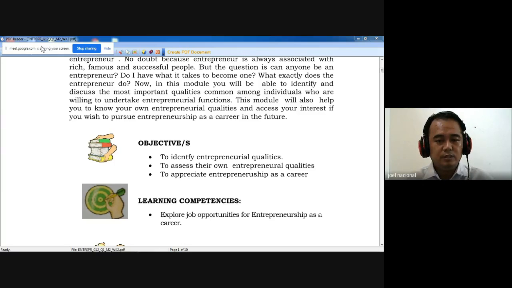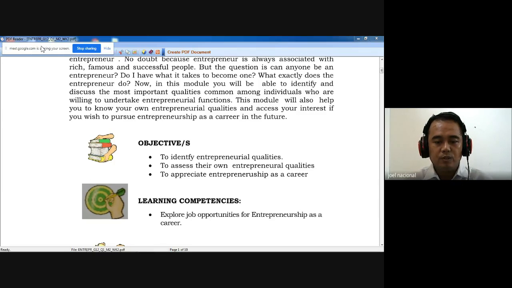Now, in this module, you will be able to identify and discuss the most important qualities common among individuals who are willing to undertake entrepreneurial functions. This module will also help you to know your own entrepreneurial qualities and assess your interests if you wish to pursue entrepreneurship as a career in the future. So we have three objectives in this module.